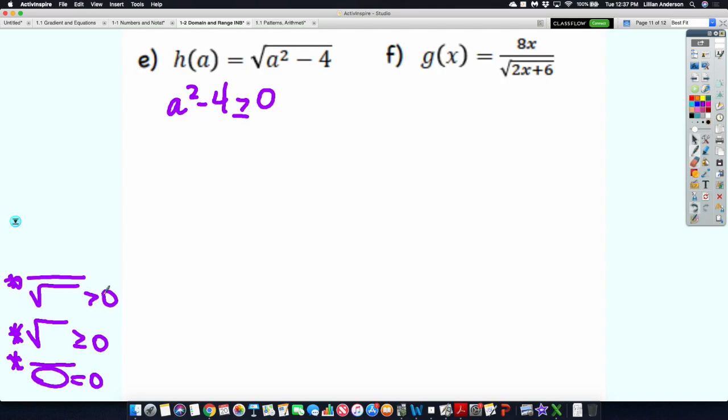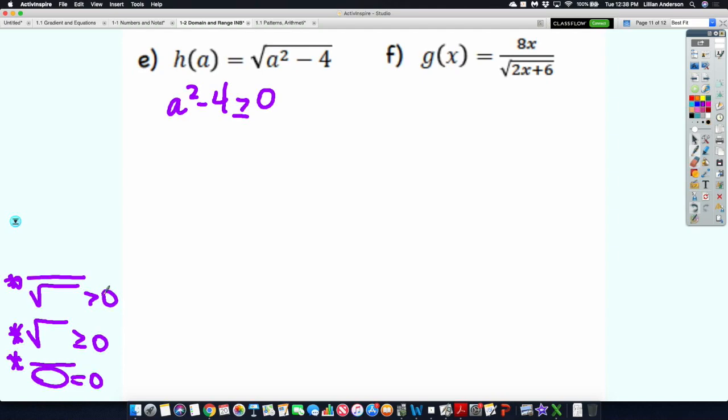When we look at this one, what do you see? Is it like B? It's not like B because it has the squared with the inequality, which means we're going to have to do the line again.